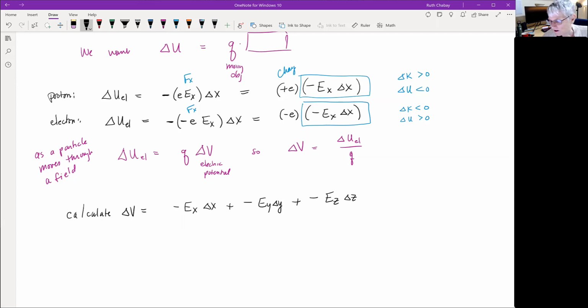And if we write that in dot product notation, it's going to be minus E dot delta L. What are the units of this? It must have units of joules, because that's electric potential energy, per coulomb for charge, so joules per coulomb. And a joule per coulomb has a name. It's 1 volt.